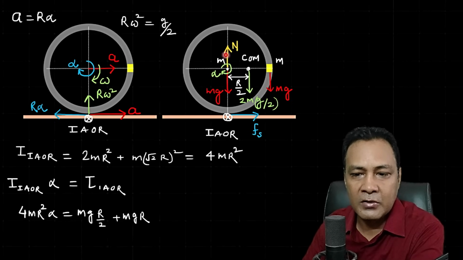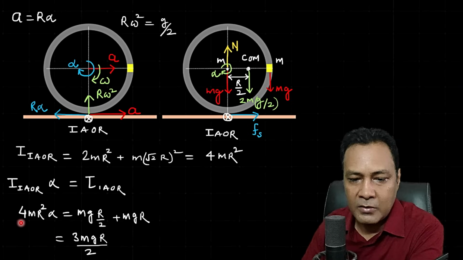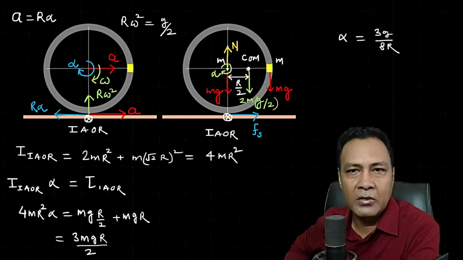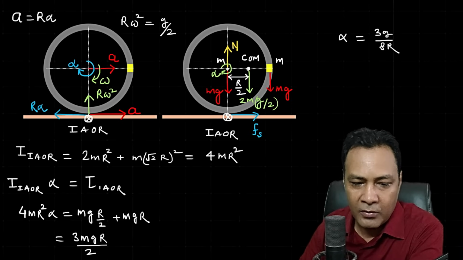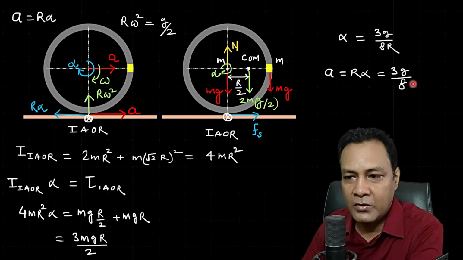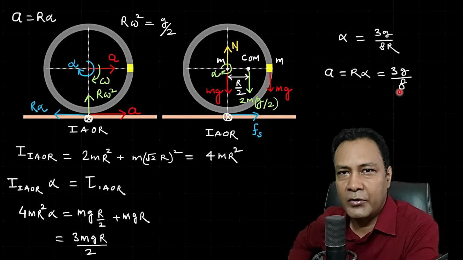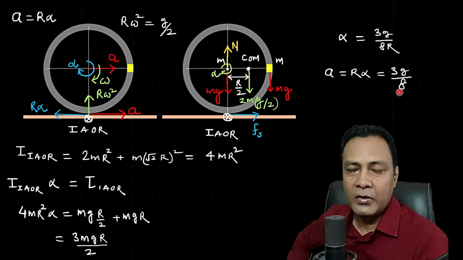They have the same sense, in the direction of alpha. So net torque is 3 mg r by 2, and just simplify this, we'll get alpha is equal to 3g by 8r, and A is equal to r alpha, that will be 3g by 8. So we have very easily calculated angular acceleration about IAOR in this case.